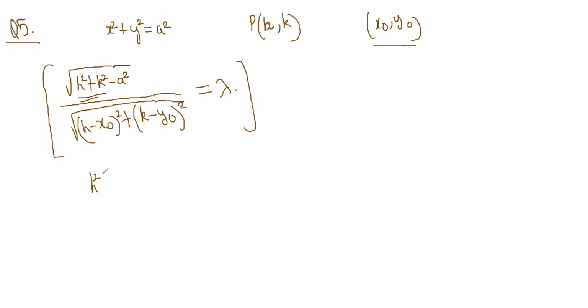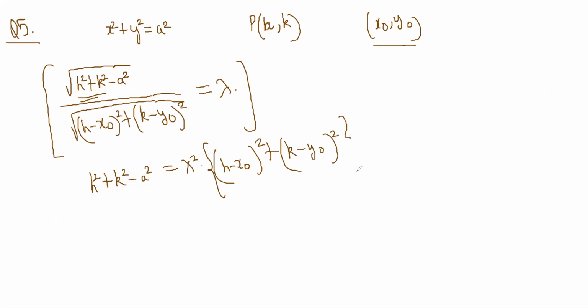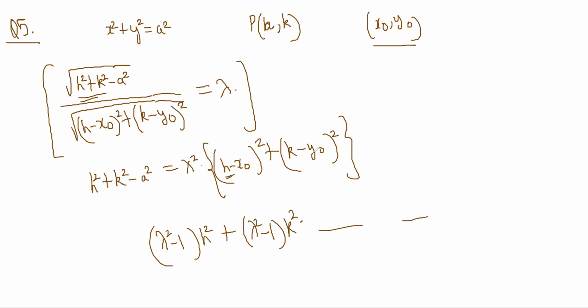It will be of the type lambda square into (h minus x naught) square plus (k minus y naught) square. So the h square coefficient will be lambda square minus 1, and the k square coefficient will also be lambda square minus 1, and there will be no hk terms. So this is a circle.